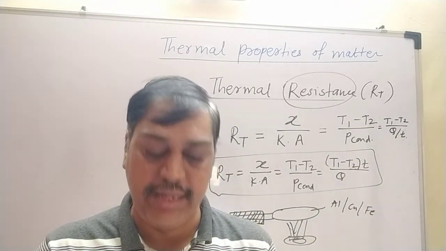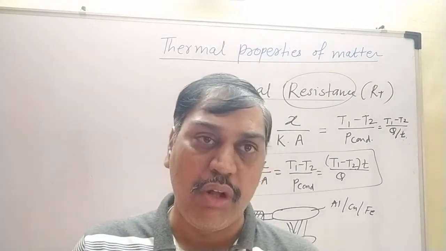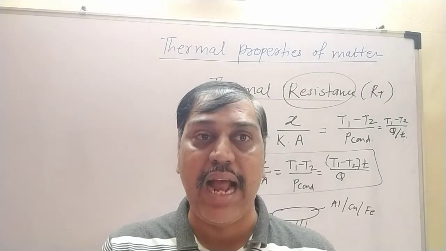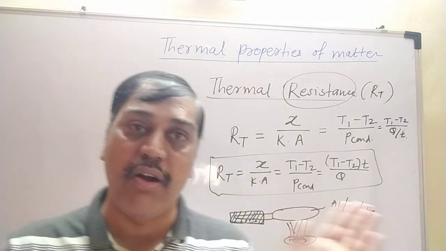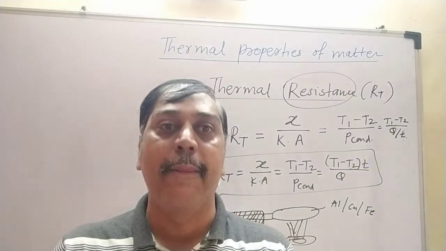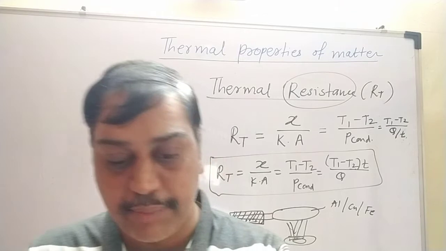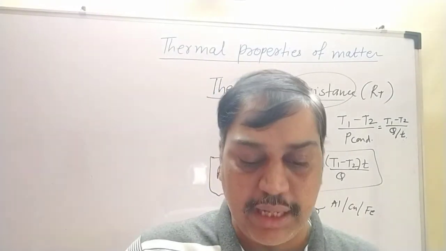In that wall they use bricks. What is the function of bricks? Bricks work as an insulator, just like this handle, so that heat cannot go inside the cold storage, and the cold temperature inside the storage cannot come outside. That is the second application of thermal conductivity.